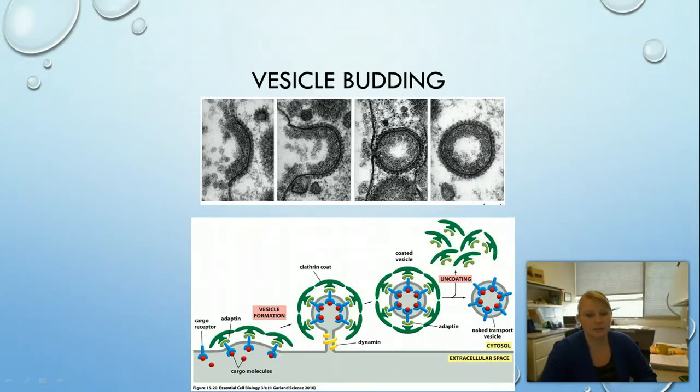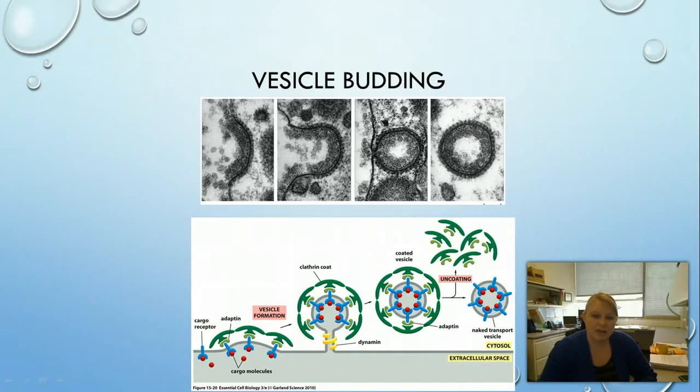All right, so vesicle budding. What we do is we start with this area on the cell. Usually it's some kind of pit. Sometimes it'll be called the clathrin coated pit if it's a clathrin coat, but there's a specific area on a membrane that is going to be gathering up components of whatever it needs to have. There'll be receptors or something like that on the cell.